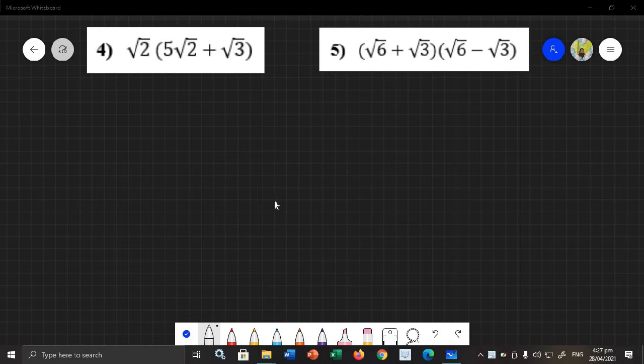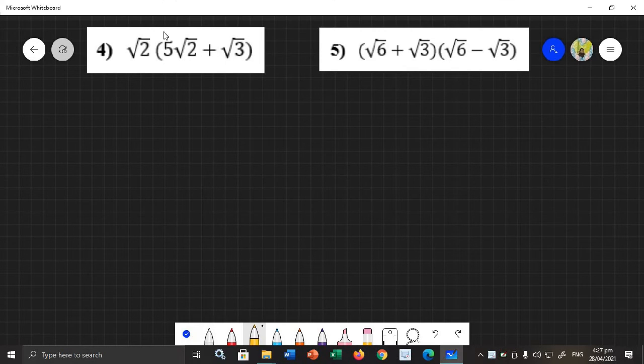Here we now have our example numbers 4 and 5. For example number 4, we need to find the product of square root of 2 and the quantity 5 square root of 2 plus square root of 3. To find the product, we need to distribute square root of 2 to each term inside the parentheses.